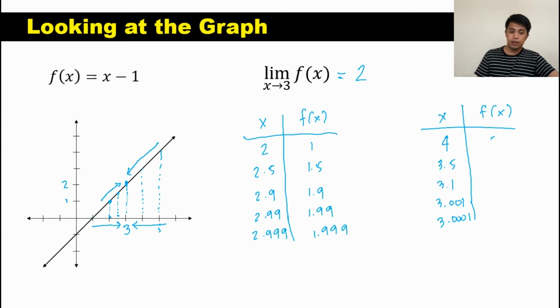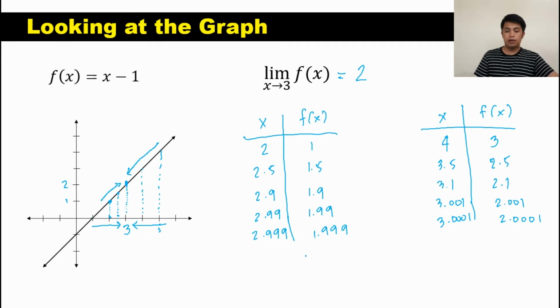Here, this is 3. Then we also have 2.5 here, then 2.1, 2.001, and then 2.0001. Now let us observe what value we approach on the other side.